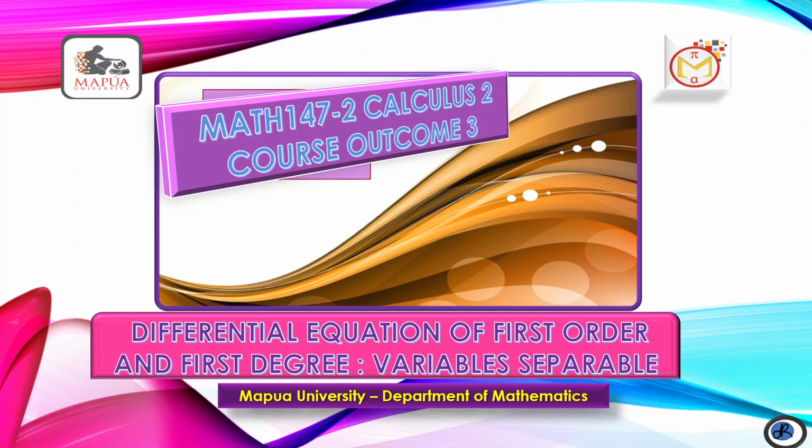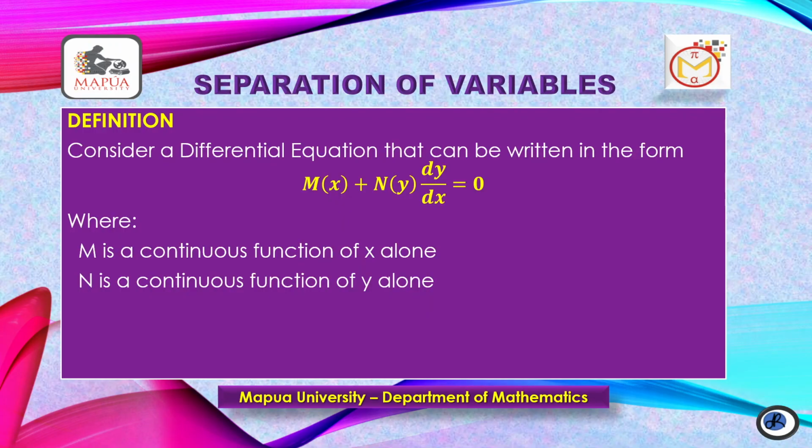Now in this method, we will discuss the variable separable method. This is understood for a differential equation in the form of M of x plus N of y dy over dx is equal to 0.